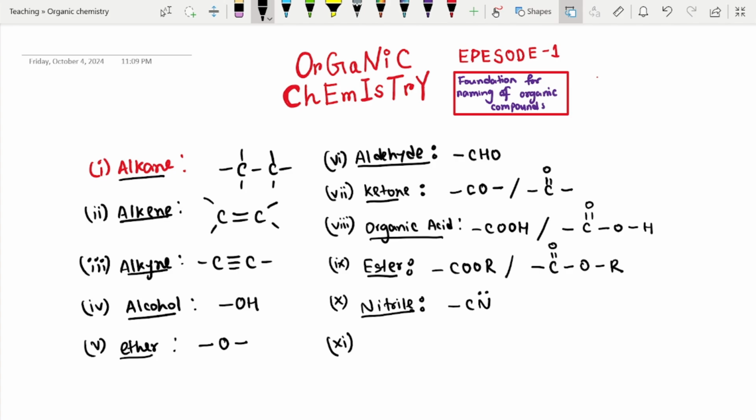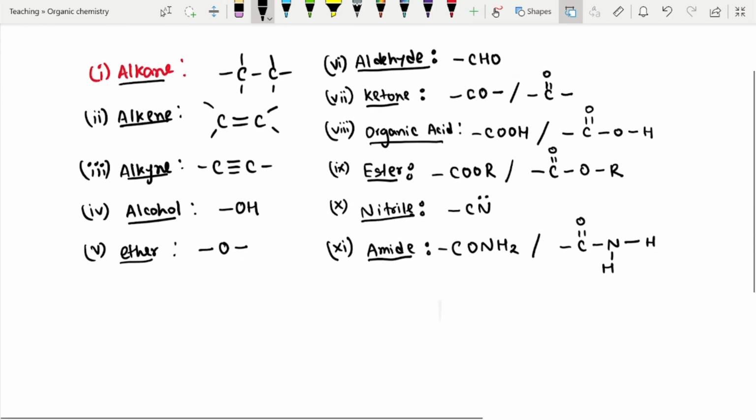Number 11 is amide, which is CONH2, or you can also write it like this: bond C double bond O bond NH. Okay, so these are 11.